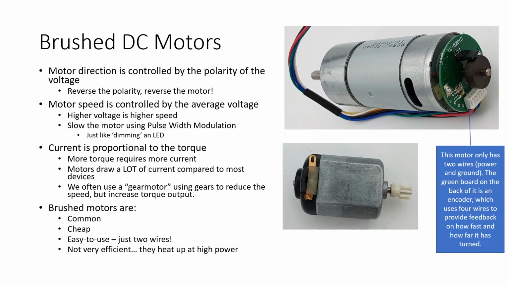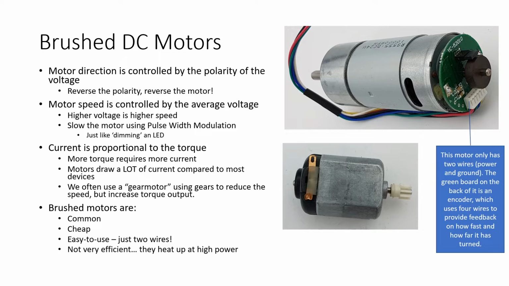So if you're hooked up to a battery, your average voltage is the battery voltage. But you can also use something called pulse width modulation, where you turn your power supply on and off to the motor very rapidly. And if you've used an Arduino before, you'll know that as the analog out function, and you've probably used it to do something like dim an LED.